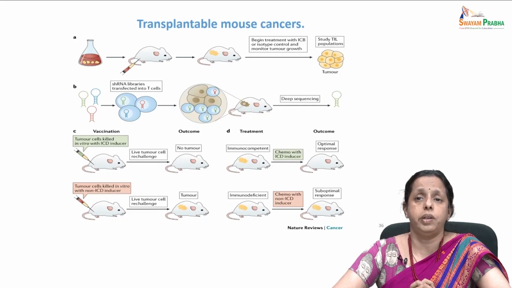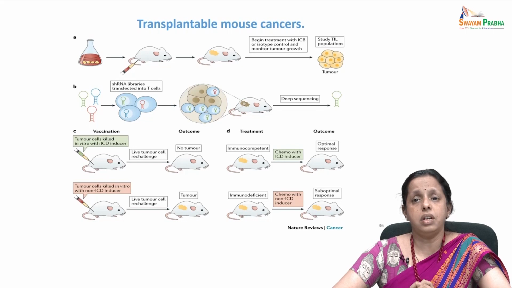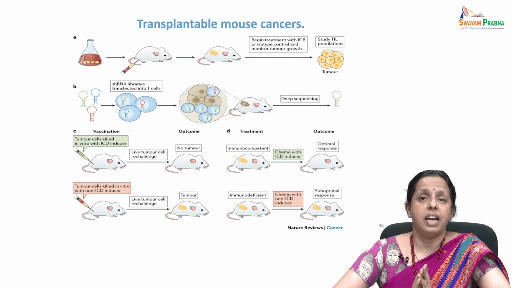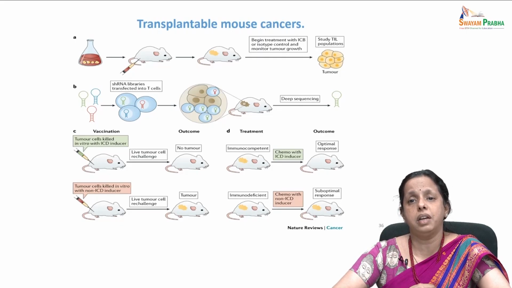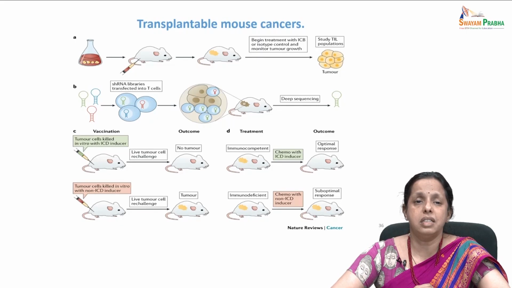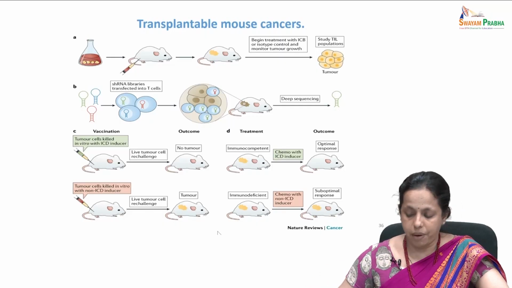It is very important, there should be no adjuvant. Second, chemotherapy with this ICD inducer exerts anticancer effects that are dependent on the immune system, for example, effects that are suboptimal in immunodeficient mice treated in the same manner, as we can see in the D part here.